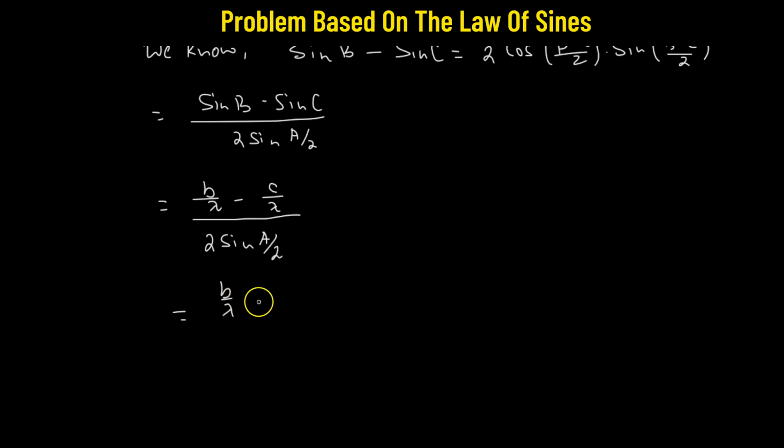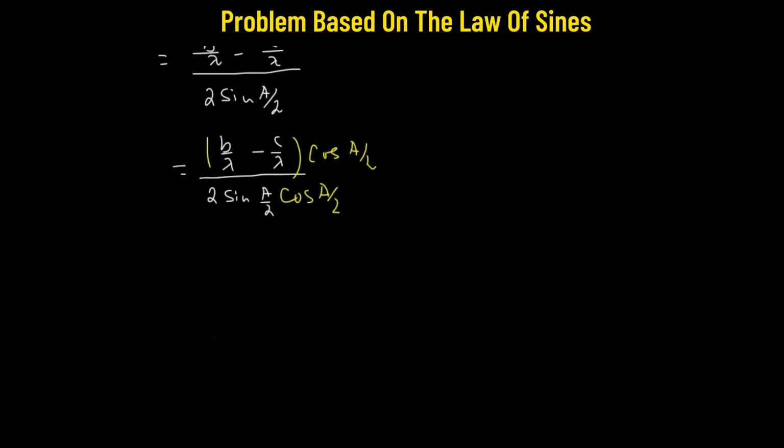So we have b over lambda minus c over lambda, whole divided by 2 times sine A over 2, but we multiply cosine A over 2 to both the numerator as well as the denominator. Let's work with the numerator. We have 1 over lambda multiplied by (b minus c) times cosine of A over 2.